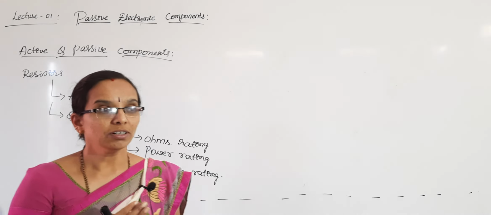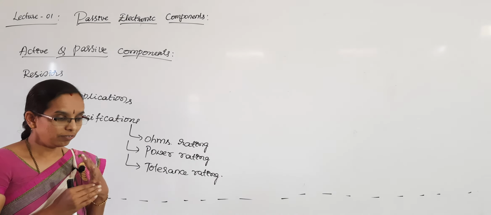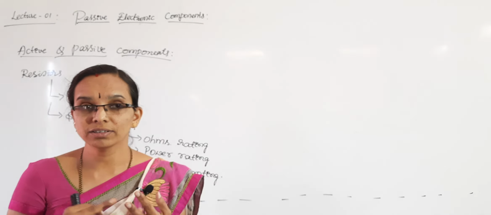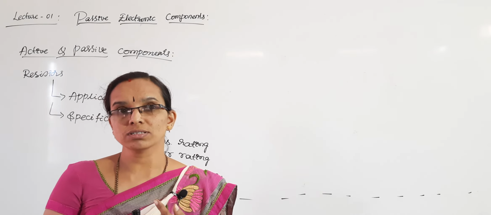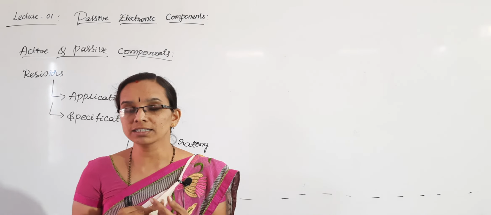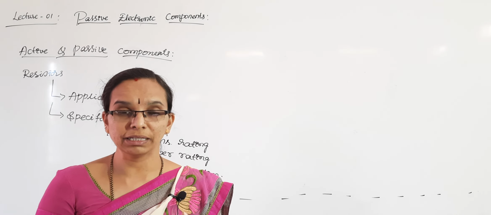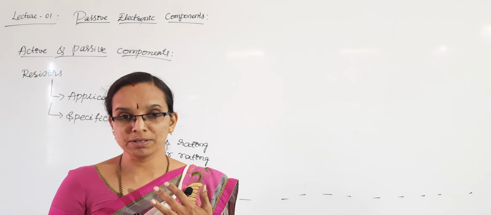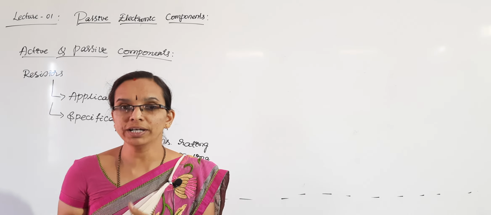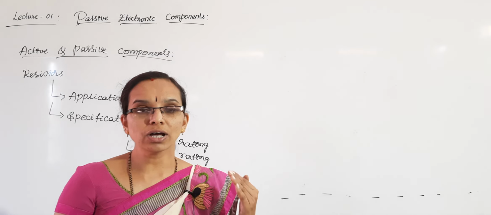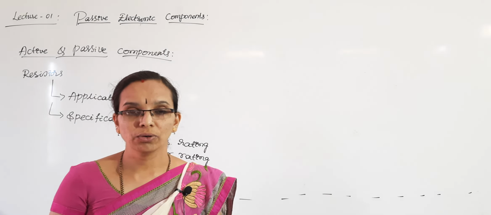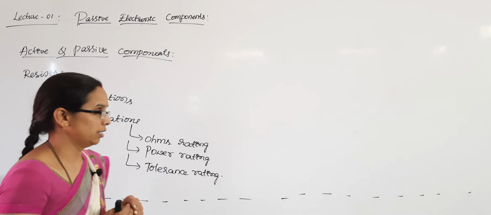We have completed the first chapter, introduction to electronics. After that, almost 80% of the semiconductors chapter, and digital electronics. According to our syllabus, because of COVID-19 it has been reduced, this is our last chapter, passive electronic components.